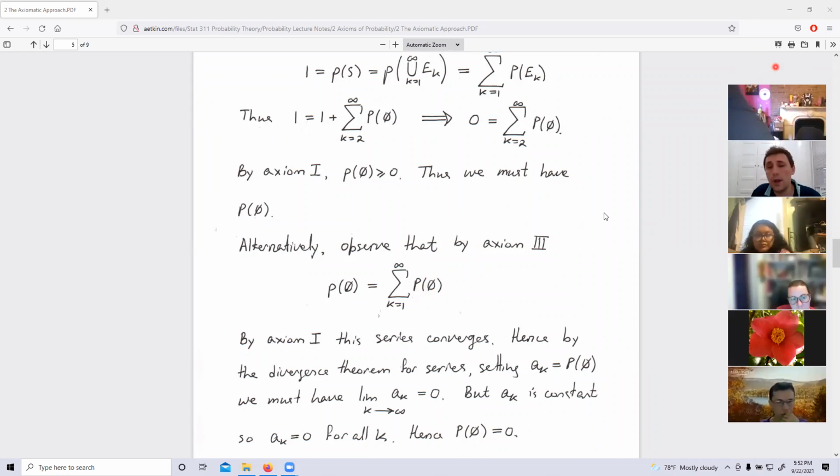Do you remember when an infinite series converges? Yes? Would anybody tell me in the comments very quickly what's a requirement in terms of calculus for an infinite series to converge?